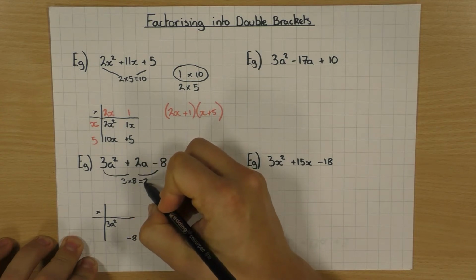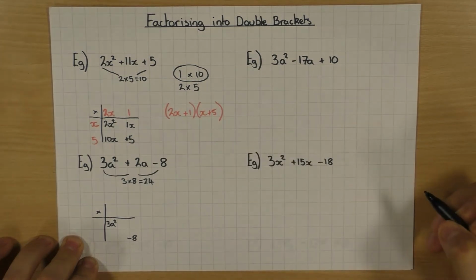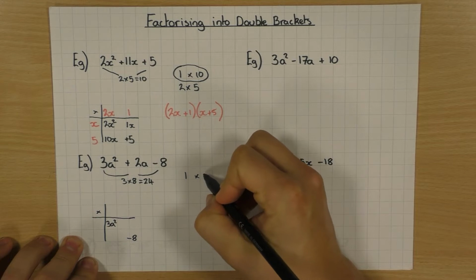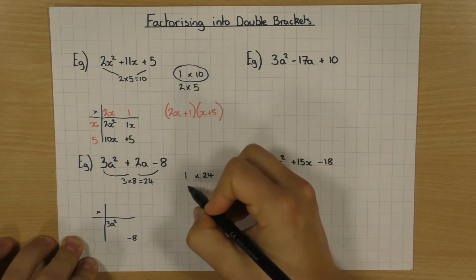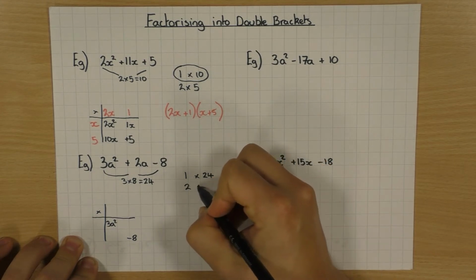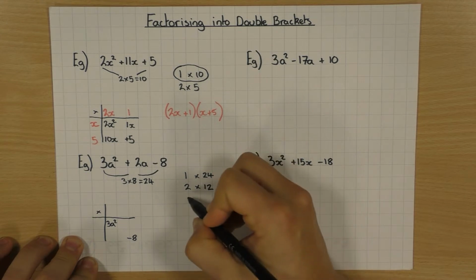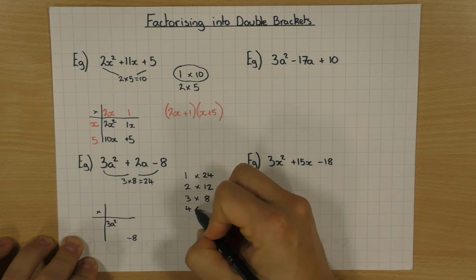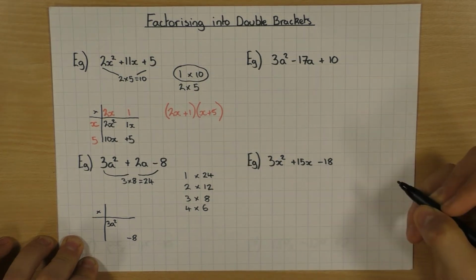So 3 times 8 is obviously 24, and then I find numbers that multiply to get 24. Again, always start with the obvious and build up. So 1 times 24, 2 times 12, 3 times 8, and then 4 times 6.